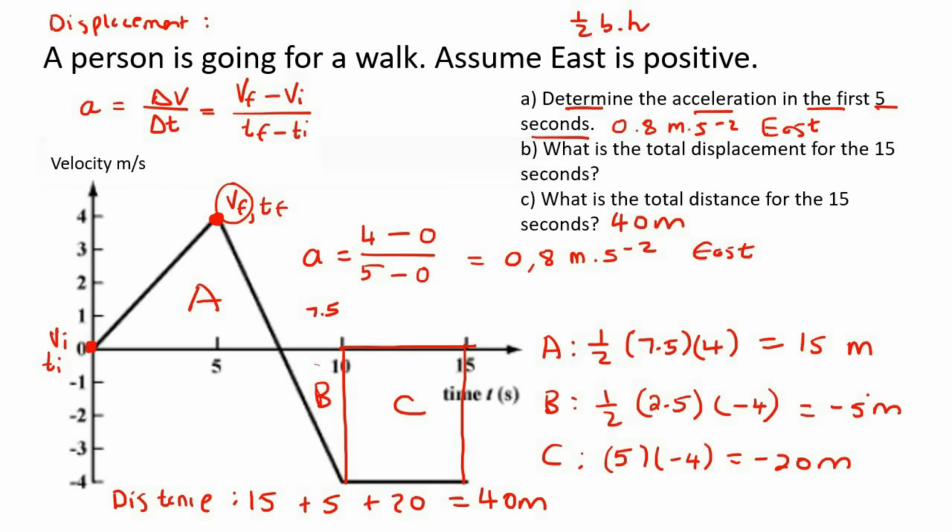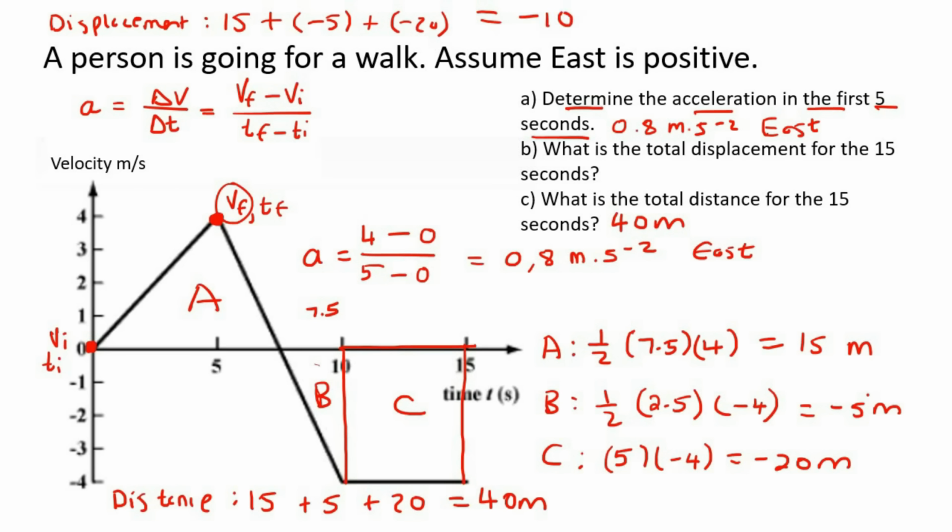Because we said in the previous slide that at this part over here, the vehicle was moving west. So it makes sense that the displacement is negative. For displacement, you take all of these signs into account. So you're going to say 15 minus 5. Well, you could technically say plus, and then that one's -5, and then plus -20. And if you work this out, you end up getting -10.